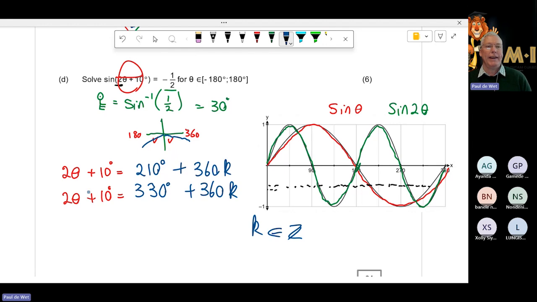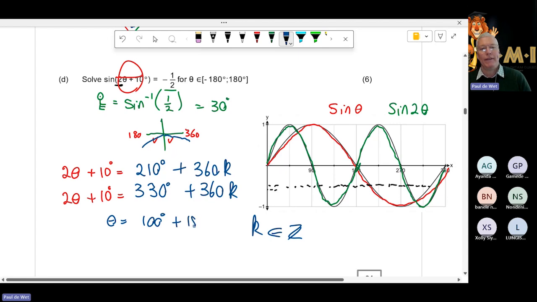I'm going to subtract 10 from both sides, and I get 200. And I'm going to divide both sides by 2. And so I get theta equals 100 plus 180k. And for this one, I get 320 after I've subtracted 10. When I divide by 2, I get 160 plus 180k.